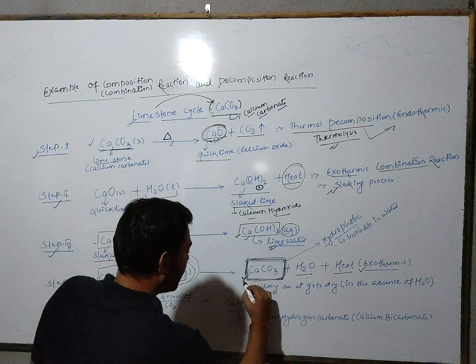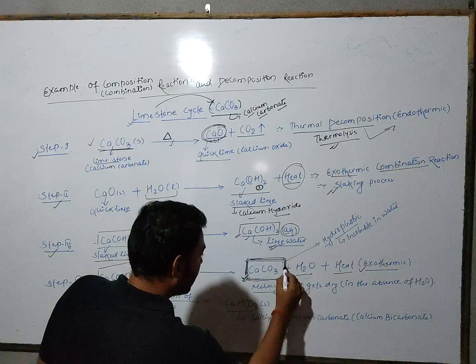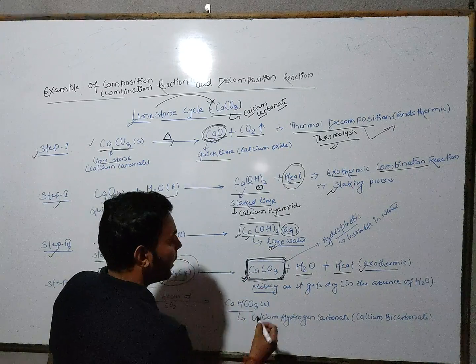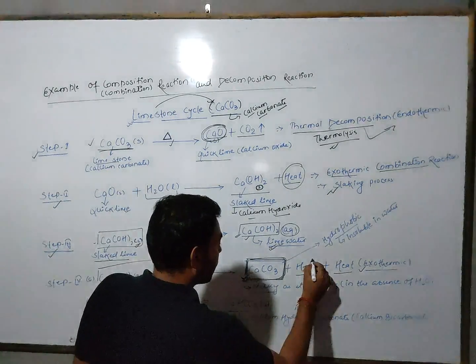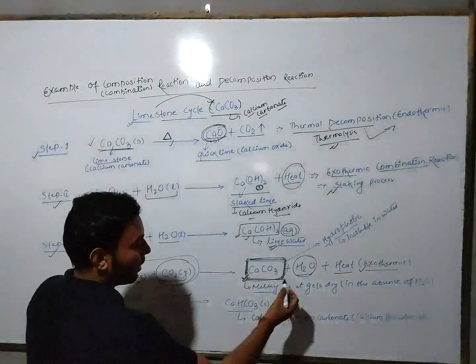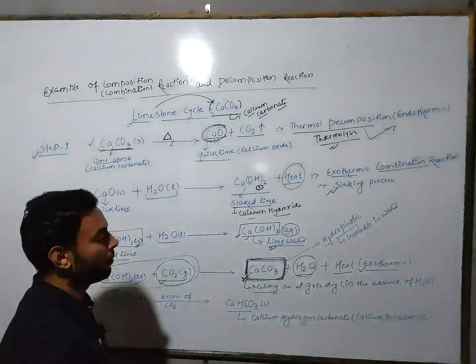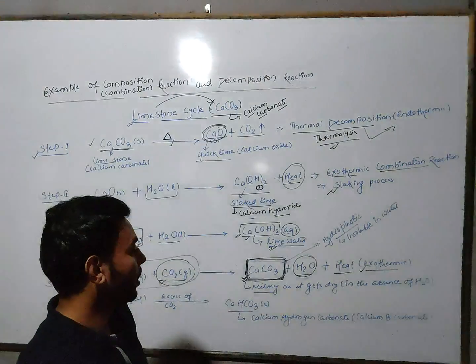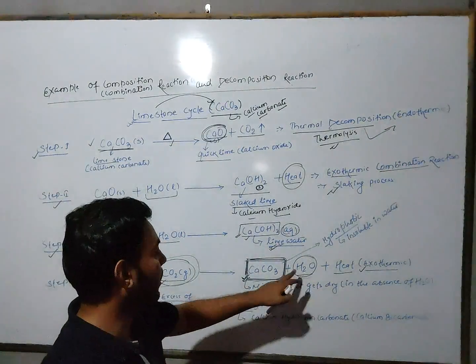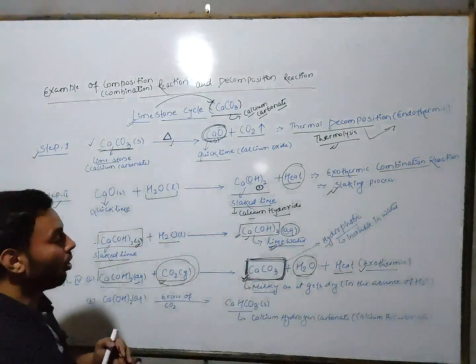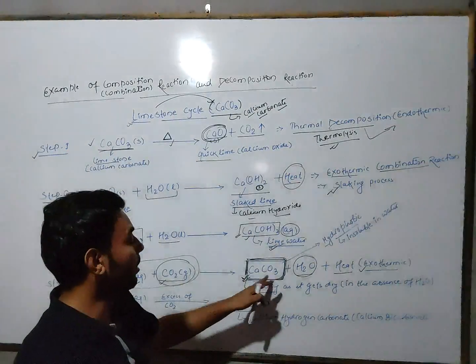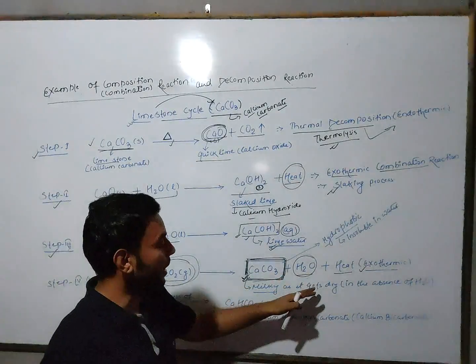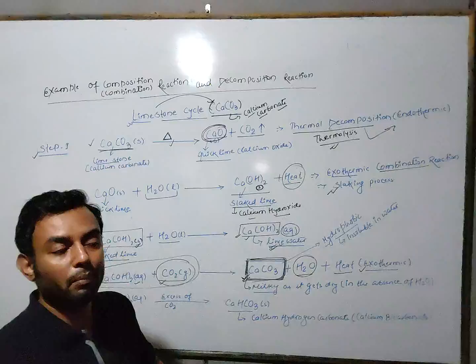Calcium carbonate in the presence of water is totally transparent, you can't see any color here, but as H2O gets dried, you can see a particular milky color.